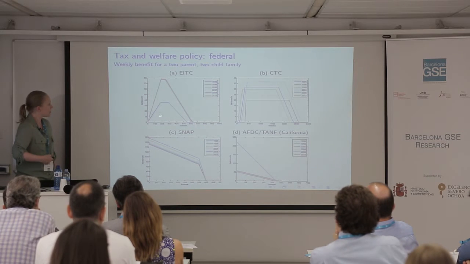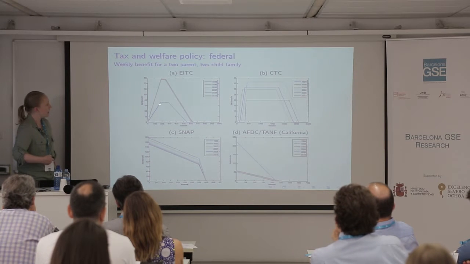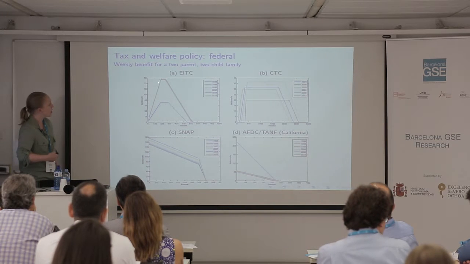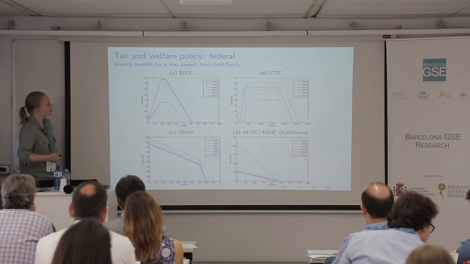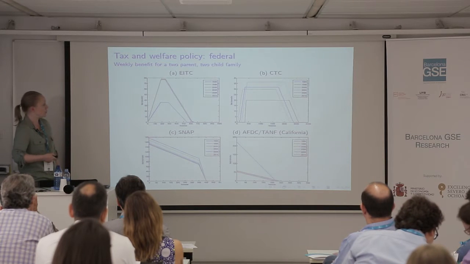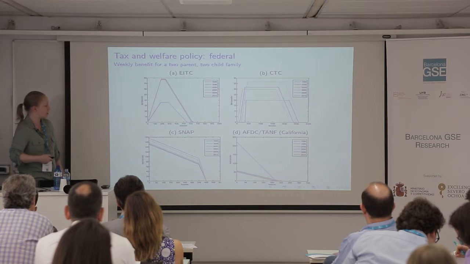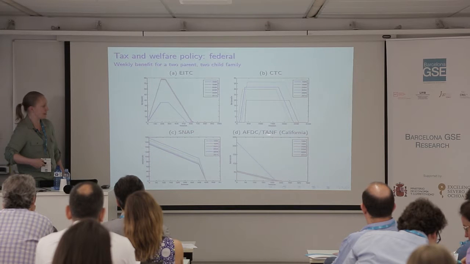You can see that, for example, the EITC increased from $35 in 1993 to around $75 in 1996 through to 2012. We also see quite a lot of variation in the child tax credit, in AFDC and TANF, and also in food stamps.